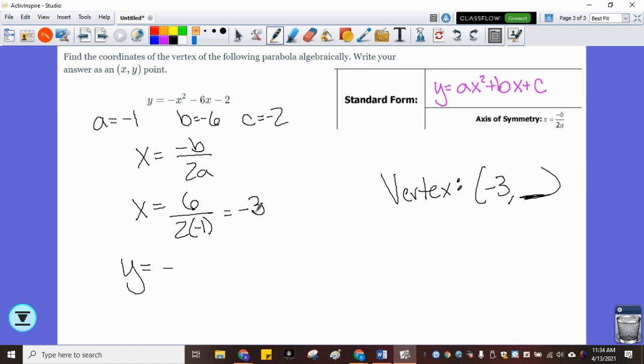Try to write it out once every time. So y equals negative 3 squared minus 6 times negative 3 minus 2. Put that all in the calculator.